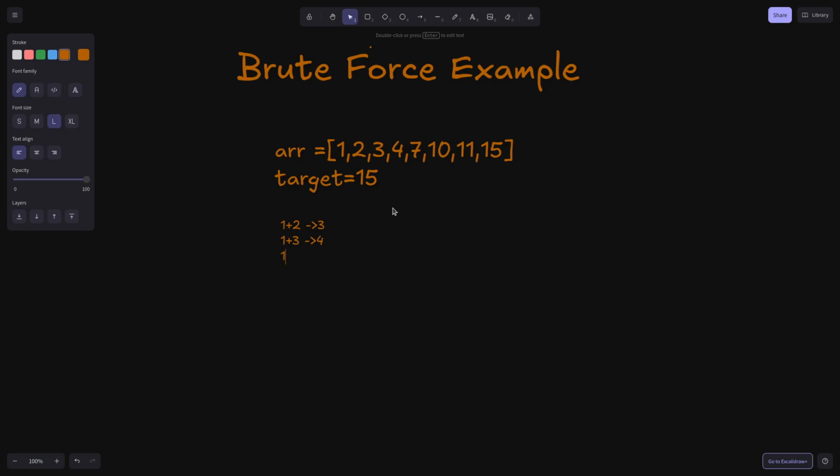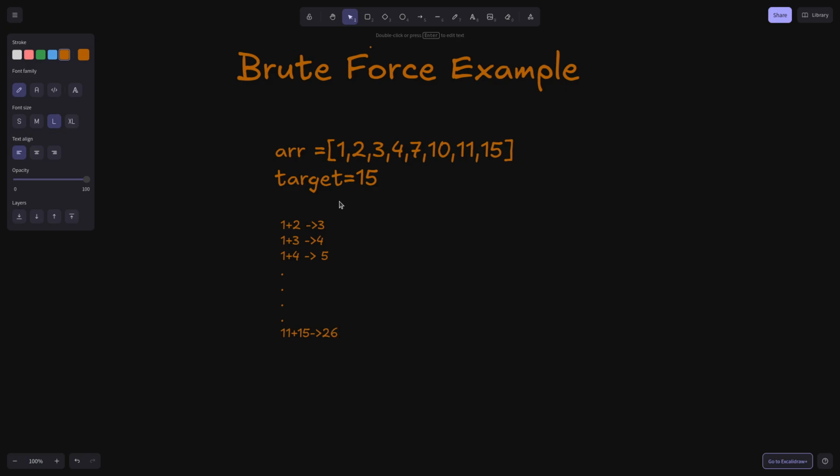Similarly, we can have another pair, 1 plus 4, which gives us 5. So similarly, we can have n number of pairs, and we can also have 11 plus 15, which gives us 26, which is greater than our target.